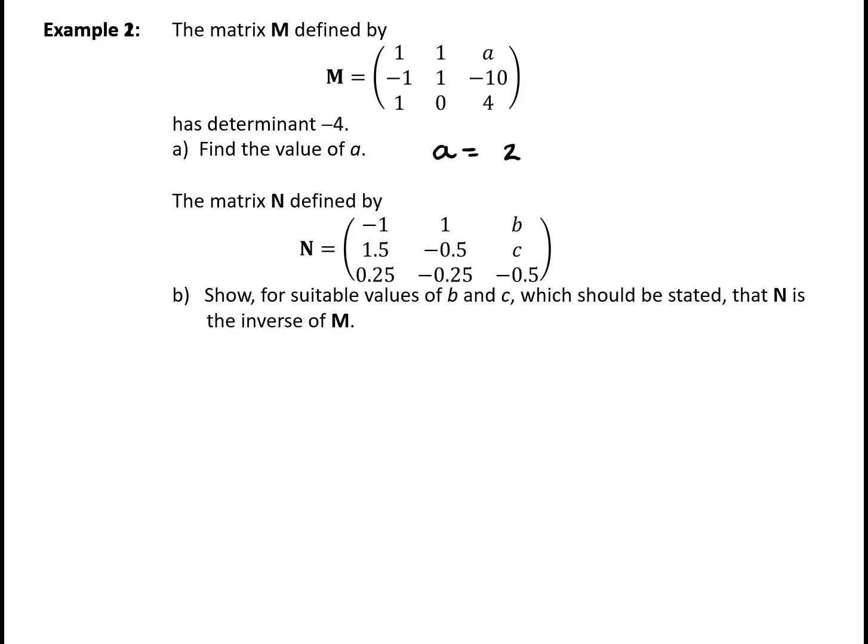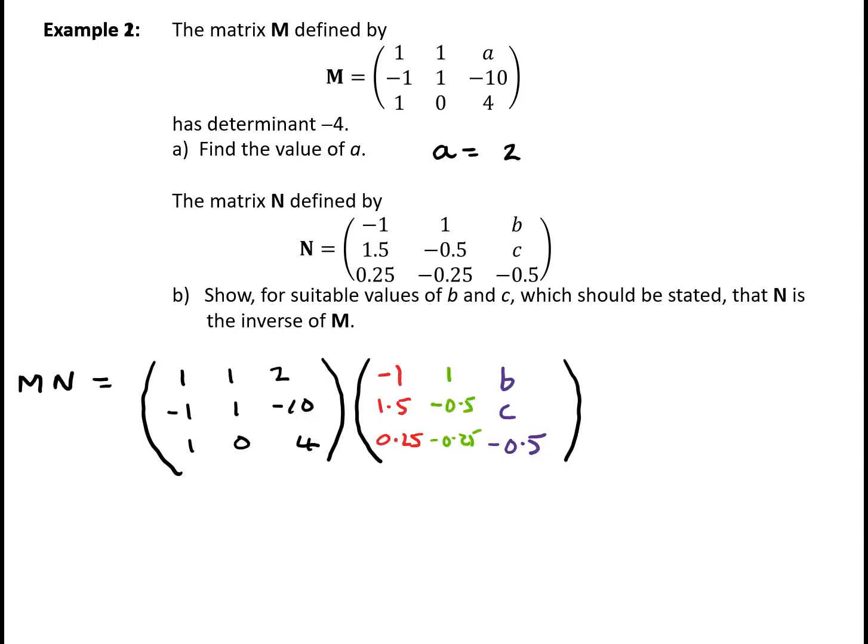Well, if N is the inverse of M, then we must have M times N equals the identity. So, let's have a look what happens when we actually work out M times N. The top left entry is 1 times minus 1 plus 1 times 1.5 plus 2 times 0.25, which gives me 1.